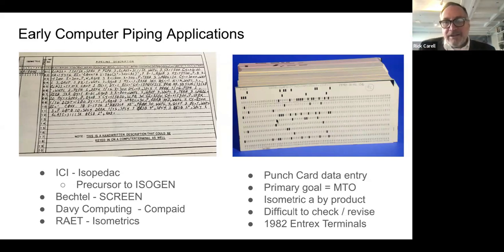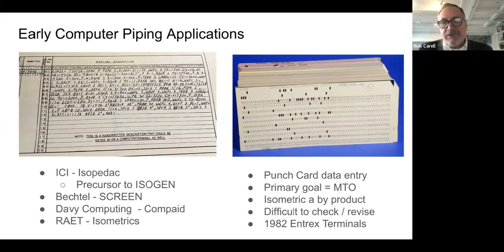And you would code these things on punch cards, if you believe it or not. And God forbid you drop the punch card deck, man, you have to start over and rekey all that in again. And the main purpose of this was actually to get the piping material takeoff, and then the isometric drawing was a byproduct.